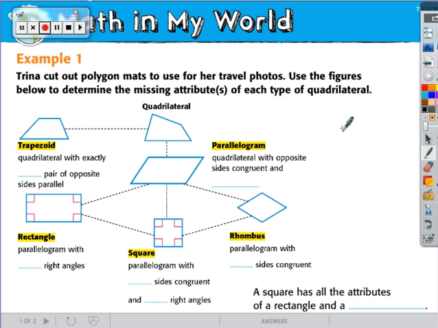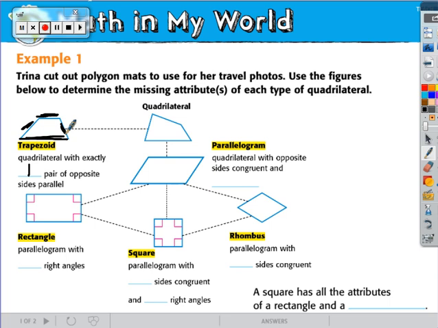You have a trapezoid. Your trapezoid has exactly how many pairs of opposite sides that are parallel? One pair. So if we look at this trapezoid, this and this are parallel. These are not.